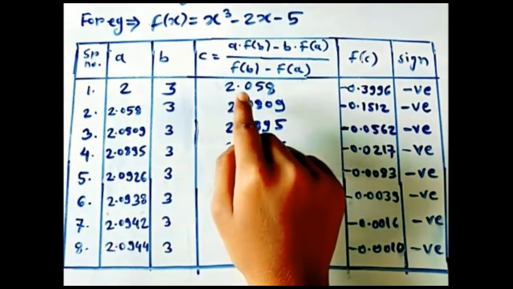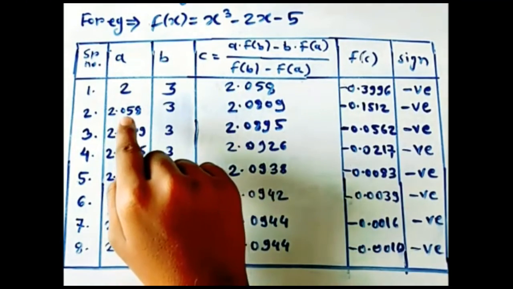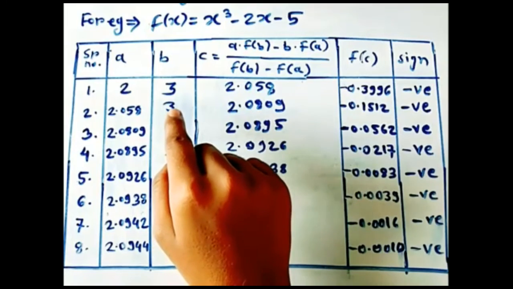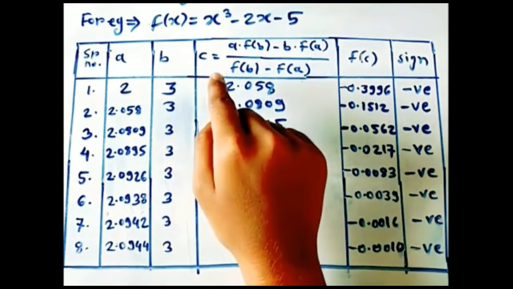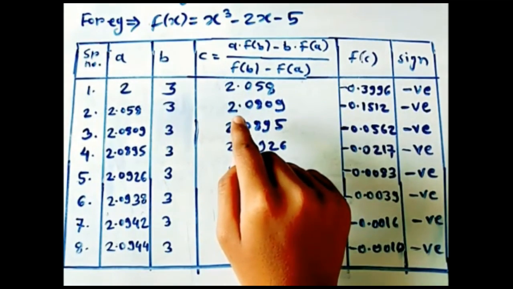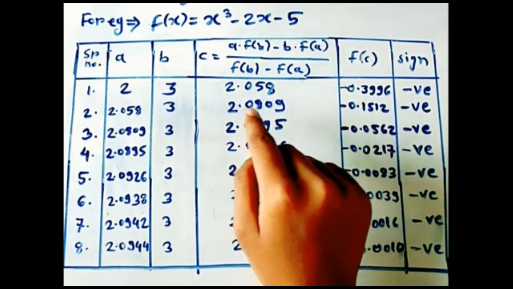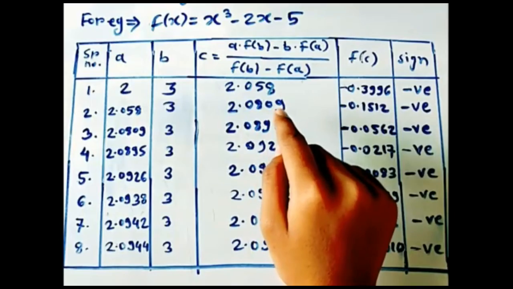Again here the f of c is negative, hence we replace the value of a by the value of c. Then by again using new values of a and b, by putting them into the formula, we get the value of c as 2.0809.